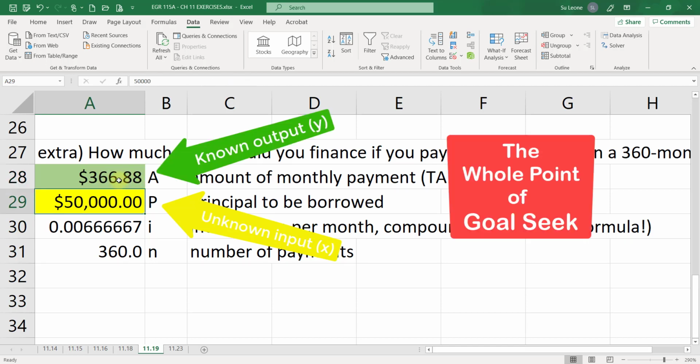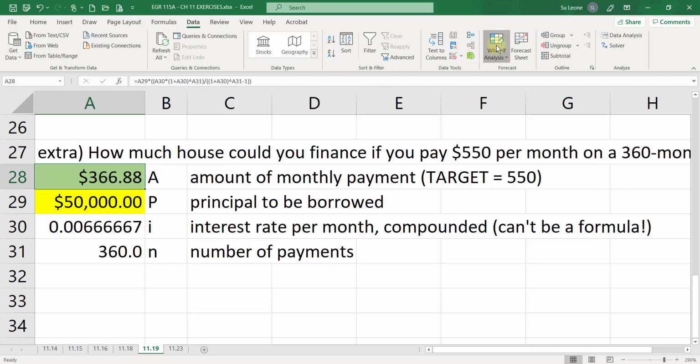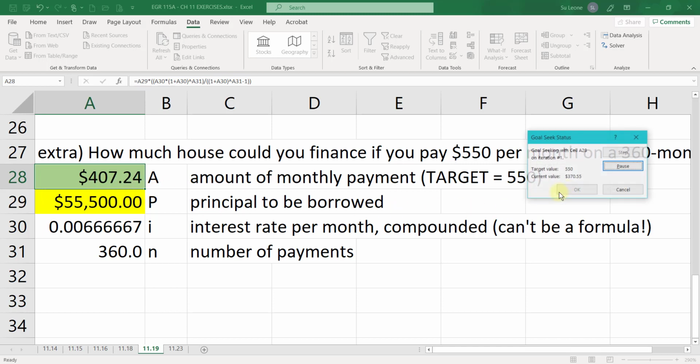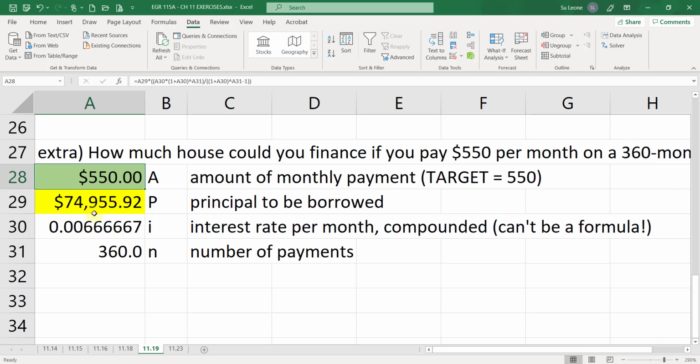Remember, GoalSeek is telling you your input based on a known formula for output. Let's see if we can pay $550 for a house. How much could you borrow? At 8% interest, you could borrow almost $75,000 for a mortgage, for a 30-year mortgage.